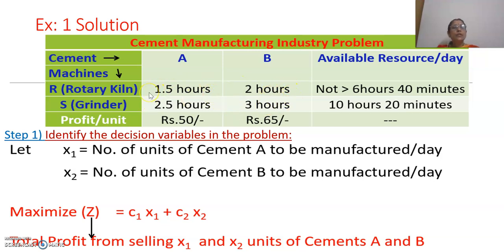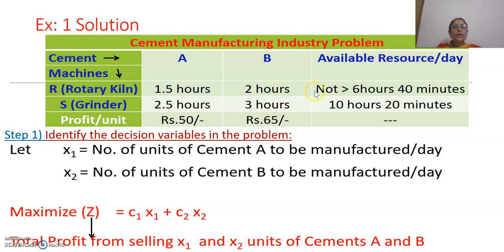That is, 1 unit of cement A requires 1.5 hours of processing on rotary kiln, and cement B requires 2 hours of processing on machine R. Similarly, cement A requires 2.5 hours of processing on machine S, and cement B requires 3 hours of processing on machine S.